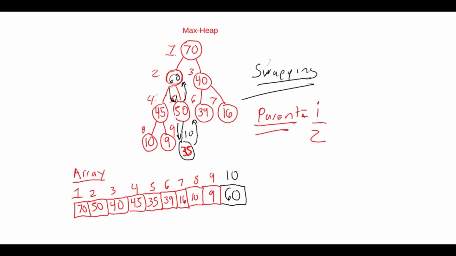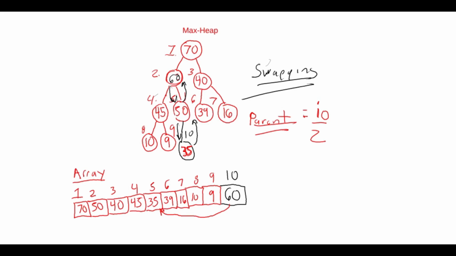That's the equation to find the parent. Here for the insertion, you want to find the parent. So you go 10 divided by 2, which is 5.